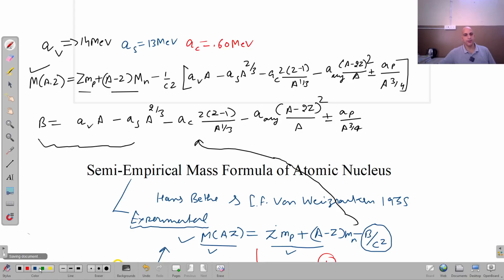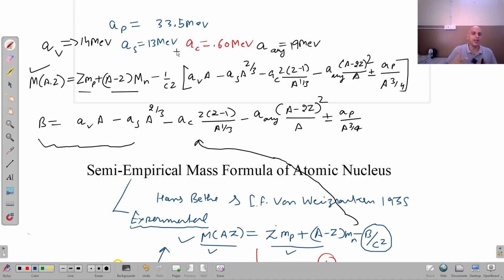Similarly, the asymmetry energy term a_a is equal to 19 mega electron volt, and the last one, the pairing energy term a_p, will be equal to 33.5 mega electron volt.